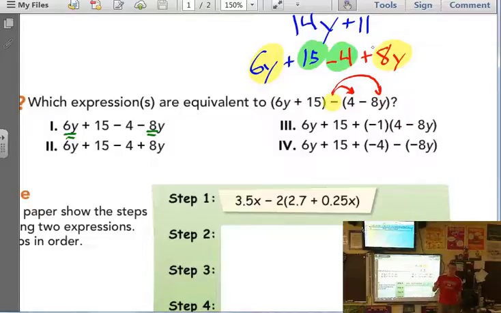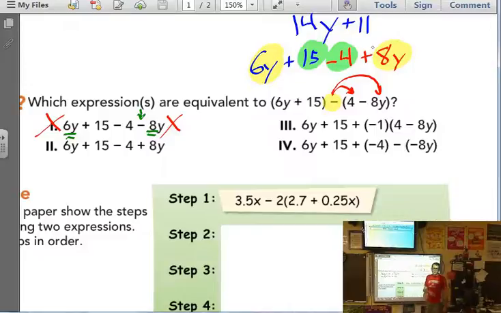The sign in front of the term, or really to the left of the term, goes with it. So if I rearrange this, this would be 6y minus 8y plus 15 minus 4. So this would not give us 14y because of this minus. That does not work. Option 1 is out.